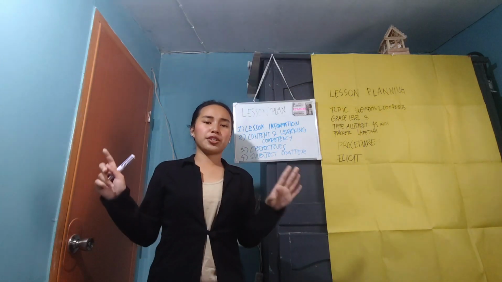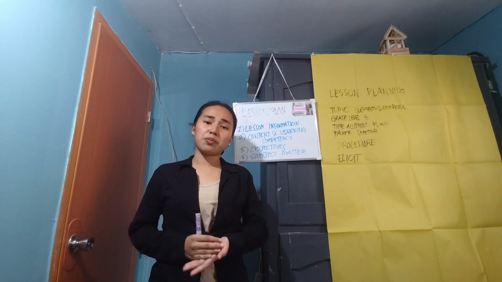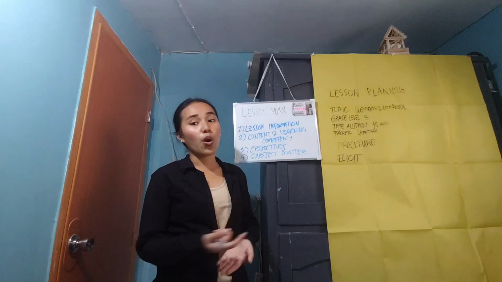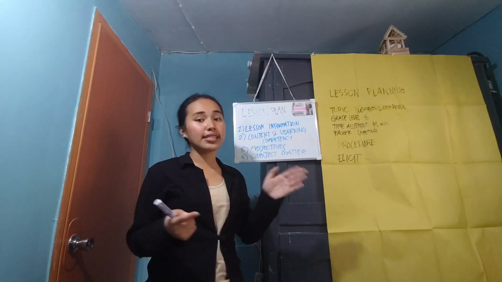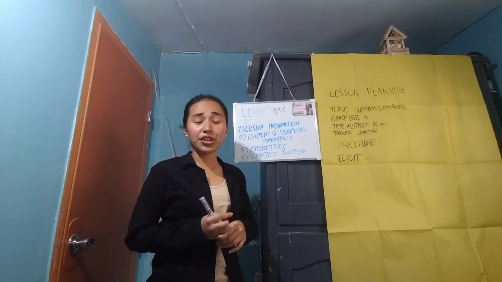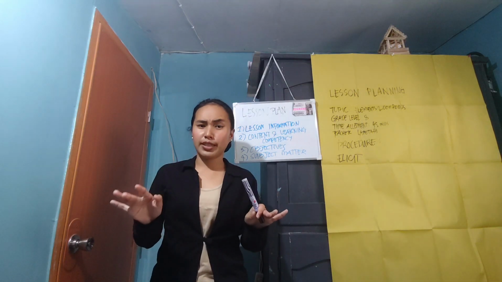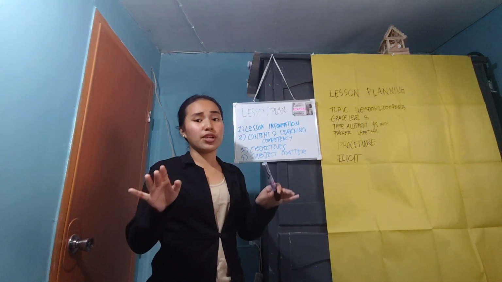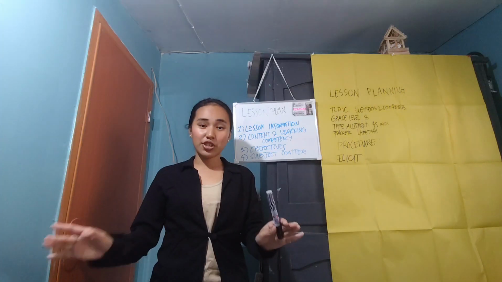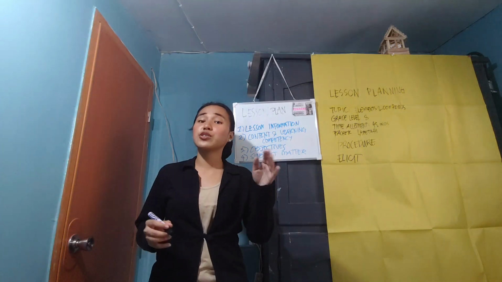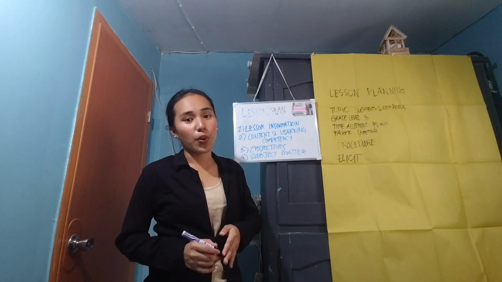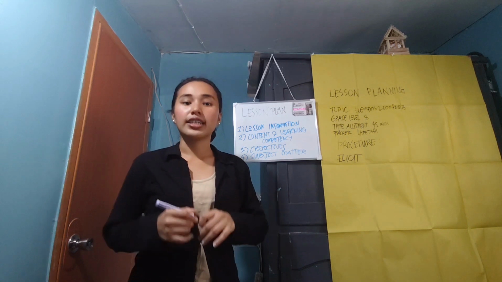They will determine whether the picture represents an element or a compound and paste it on the board under the correct category. So this activity actually helps the students and the teachers to determine what the students already know about the topic.